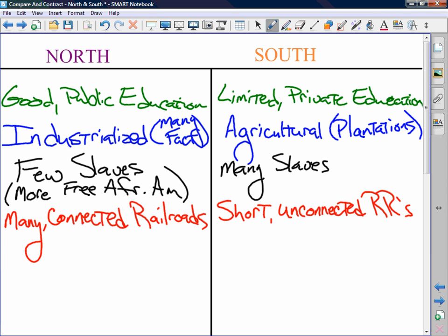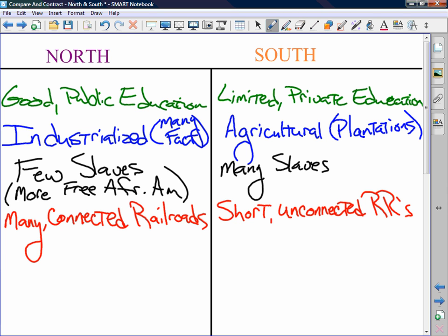Anything else? Any other ideas? Comparing the North and the South. Think about it. We have railroads in terms of transportation. Think about it in other ways that we talked about transportation. There were other means of transportation that was talked about. Yeah.